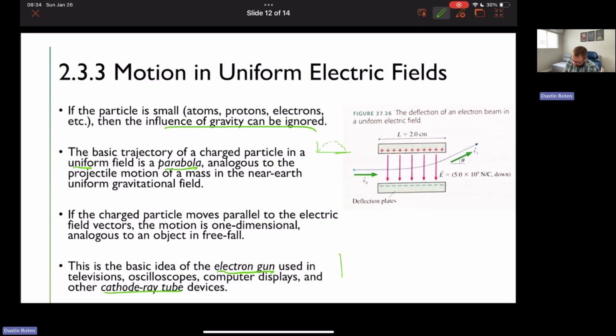Actually, I should draw this. So here's your computer monitor, and you're looking at it. So the electron gun would actually bombard the screen with electrons, and depending on the energy of the electrons, it would cause the different colors that you would see while you're watching TV. And the whole idea of an electron gun is right here.